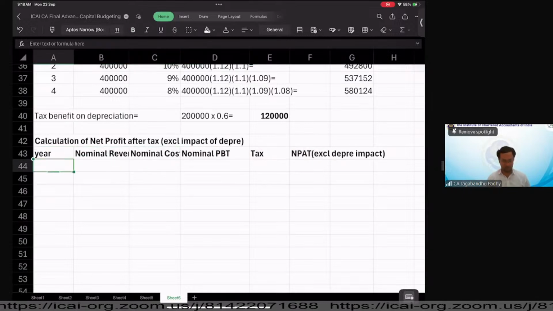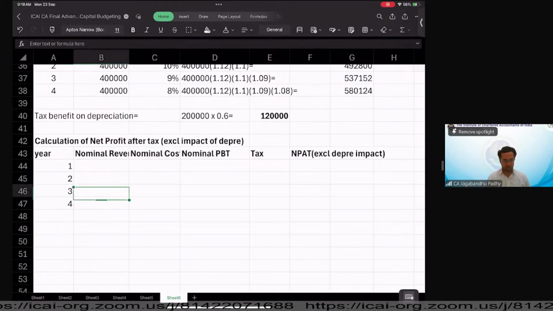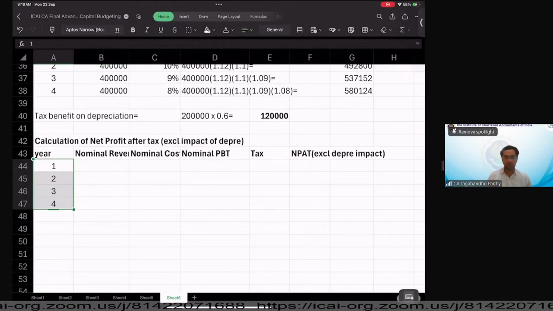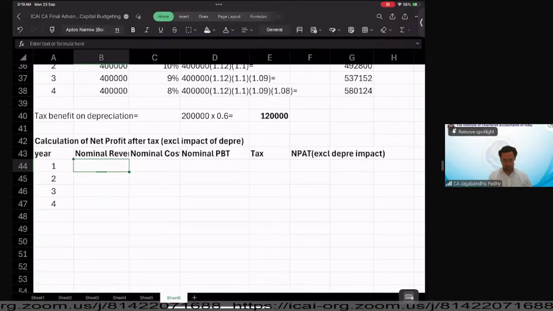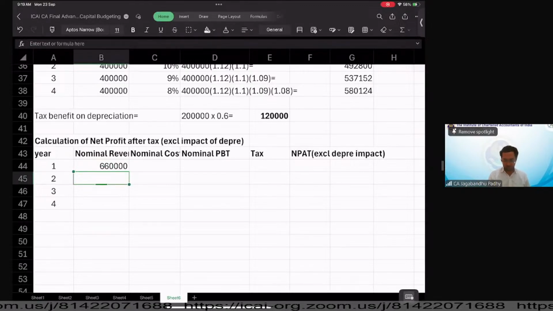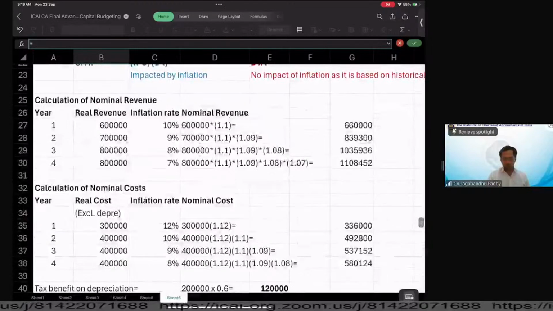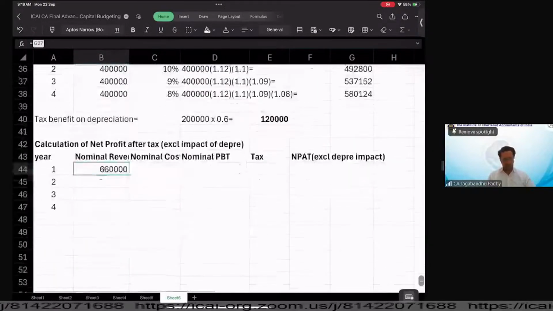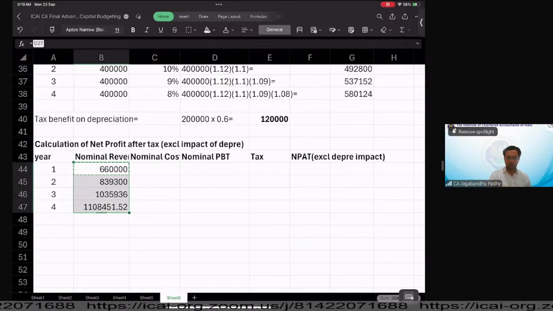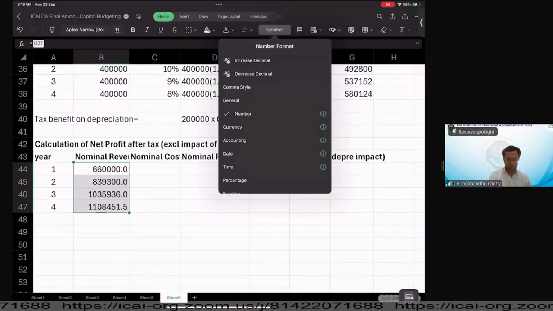So years we have 1, 2, 3, 4. Nominal revenue is 6,60,000. We have already computed the nominal revenue, so let's take those nominal revenues into account. Nominal cost is again what we have already computed.